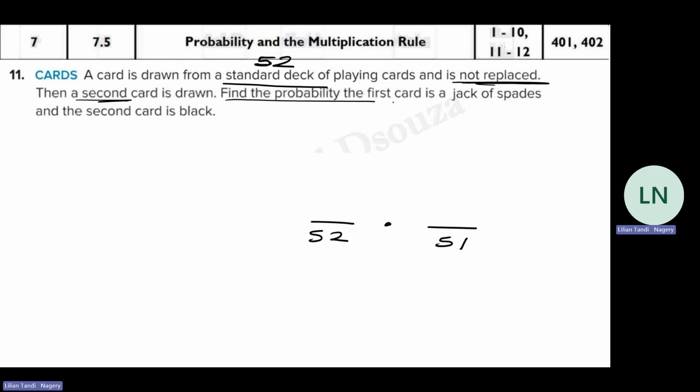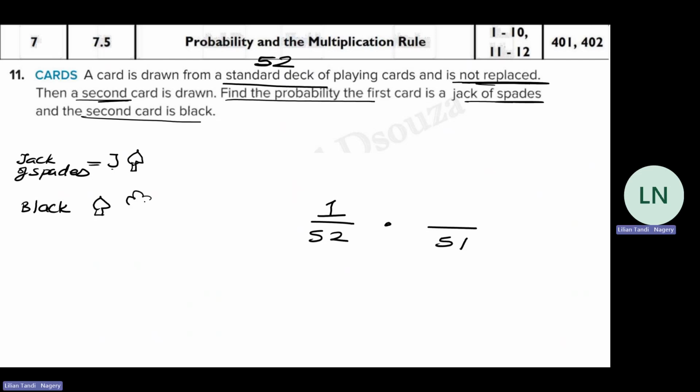Find the probability that the first card is a jack of spades. Jack of spades is only one of them. So there is 1 over here. There's only one jack of spades. It has the letter J and this symbol. And then the second card is black. So black cards, there are 26 of them. You have spades and you have clovers. I don't know how to draw this.